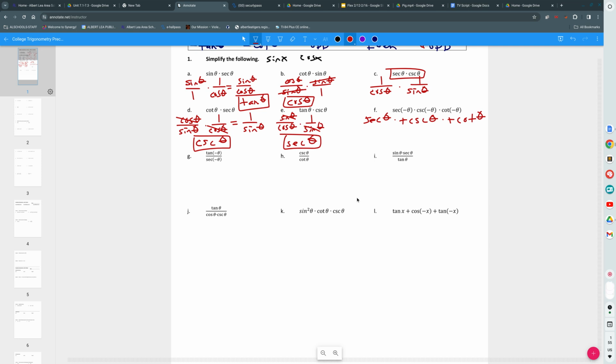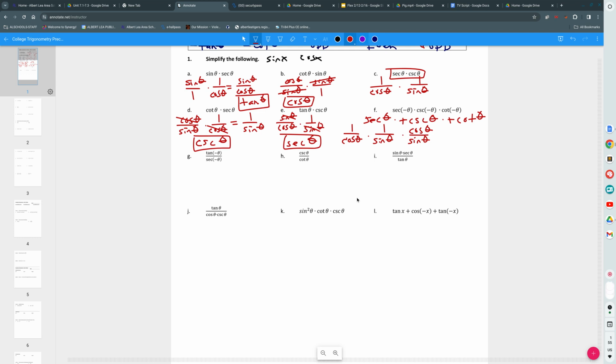Okay. So I'm going to rewrite this in order to try to simplify it. Secant is 1 over cosine. Cosecant is 1 over sine. And cotangent is cosine over sine. Does everything cancel? Nope.